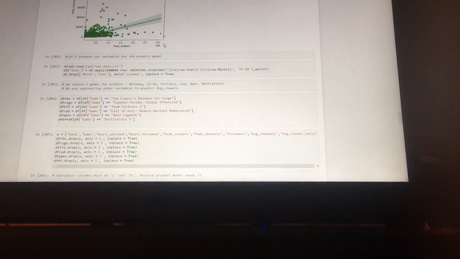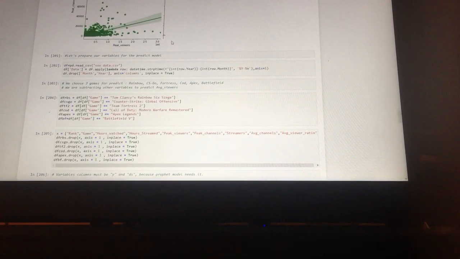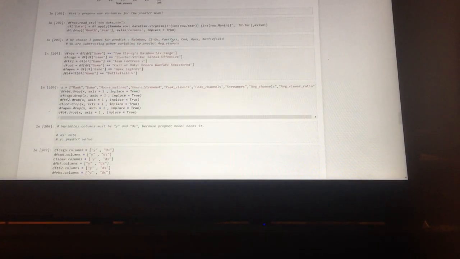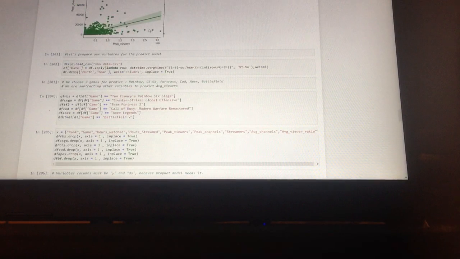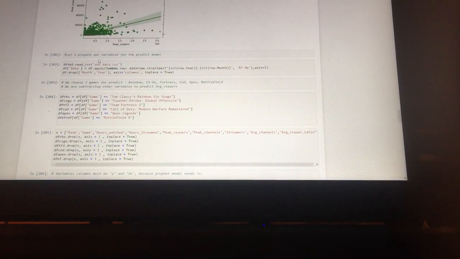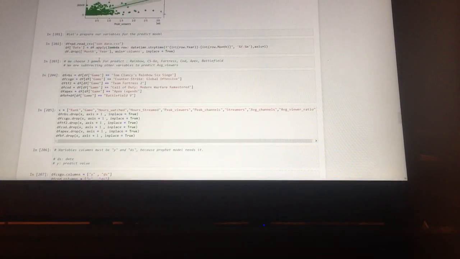And another data visualization, and here let's keep moving. Let's prepare our variables for this.